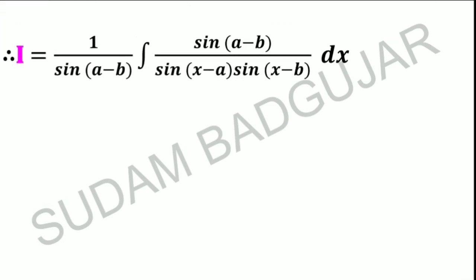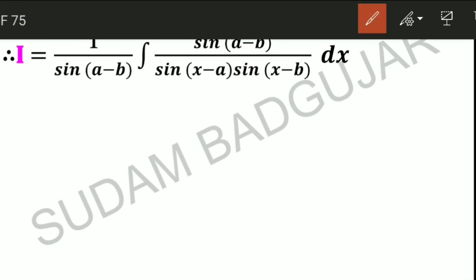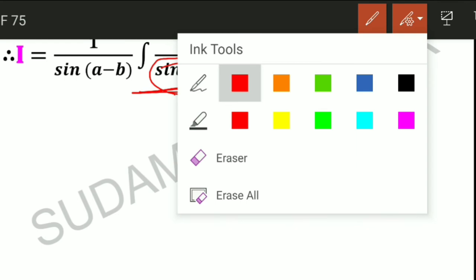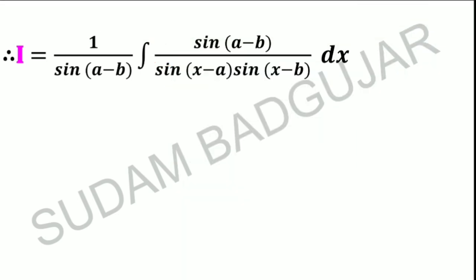Let me repeat this, I explain this again. If the denominator is a product of similar terms, similar means sin is there or cos is there, then multiply and divide by sine of a minus b. And if the denominator is not a similar term, meaning one is sine and the other is cos, or cos and sine, then multiply and divide by cos of a minus b. That is very, very important.